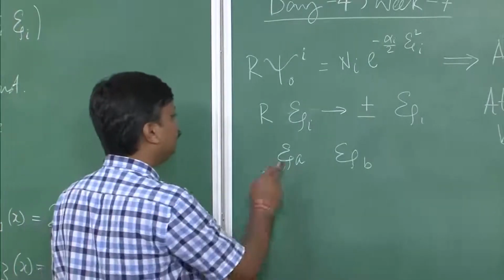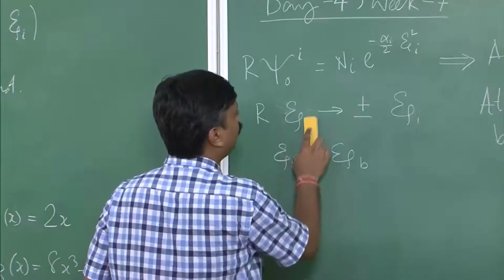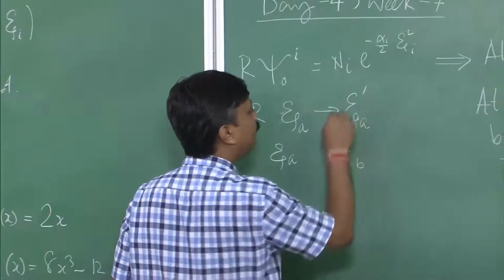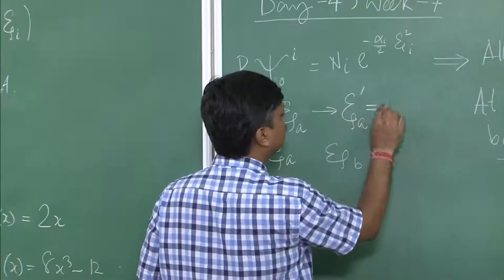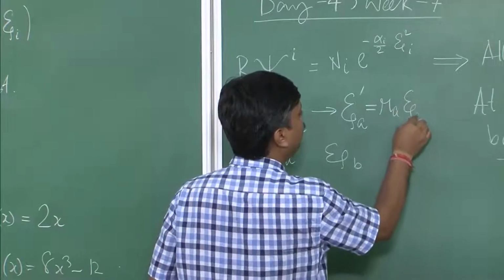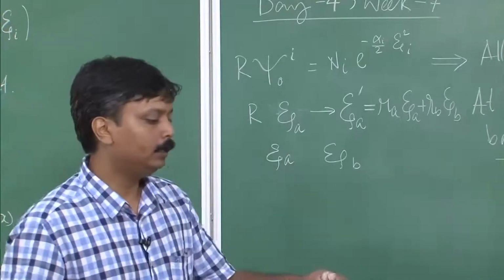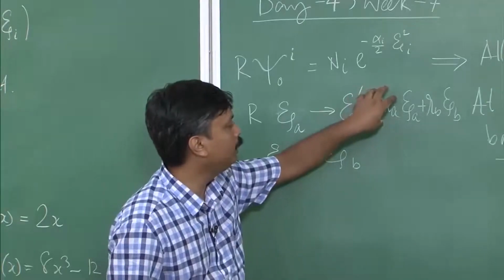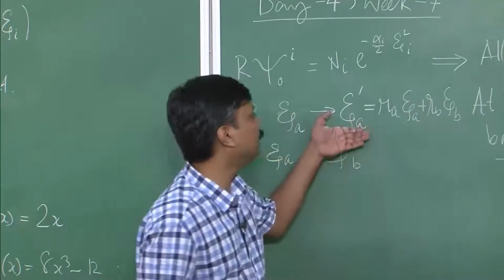Then I can express the transformation of xi A such that xi A will form something like xi A prime, and if these two are degenerate as I assumed, I can write this as R A times xi A plus R B times xi B. Now if my xi A is normalized, then the coefficients R A and R B also will be taken in such a way that this is normalized.